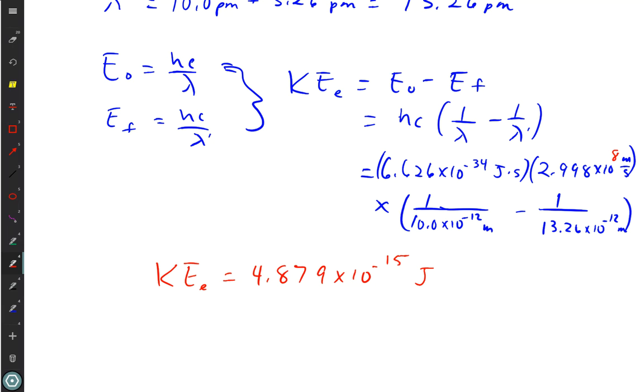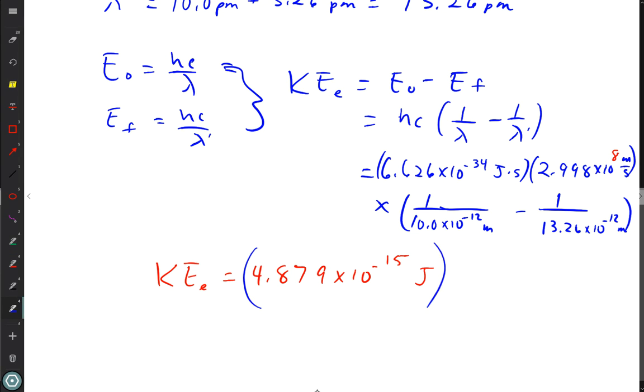That's in joules. What would the more common unit be that we would use for something like this? Electron volts. So how do we convert that to electron volts? You just divide by the charge of an electron. That gives 30,383.9.